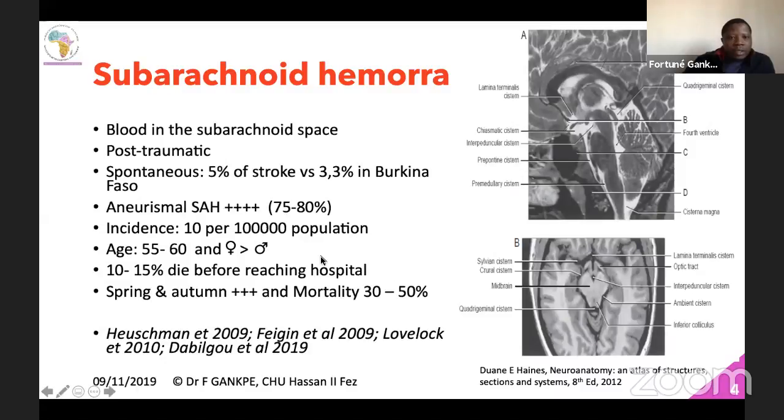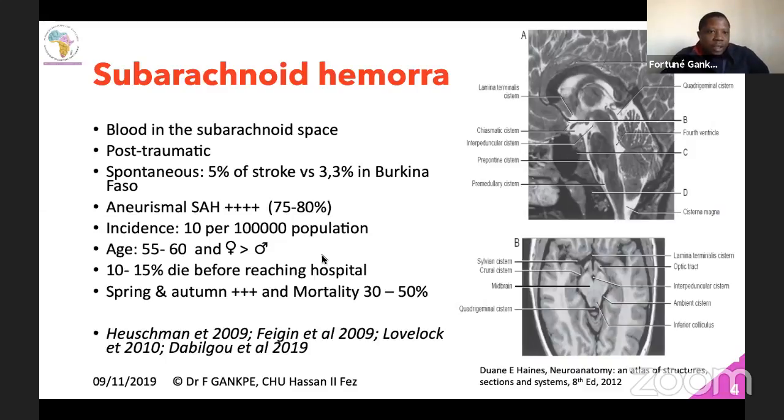The incidence of subarachnoid hemorrhage is 10 per 100,000 population, and this incidence varies between countries and authors. For example, in Finland and Japan, the incidence is very high, up to 20 per 100,000 population.